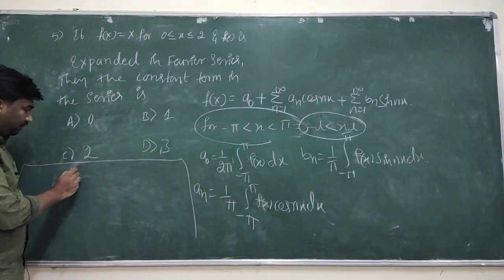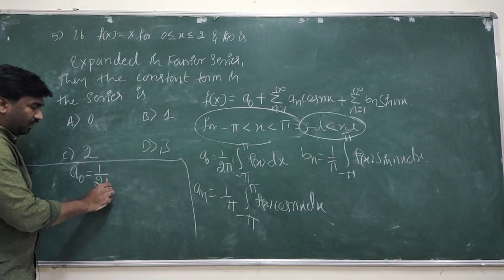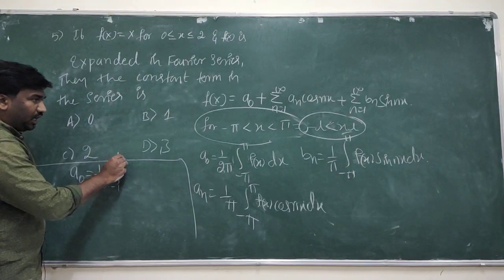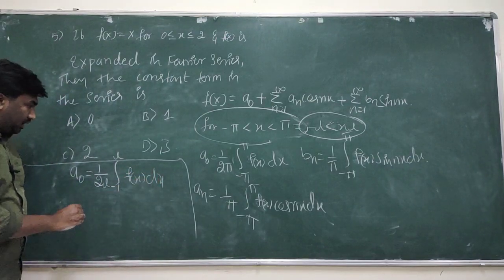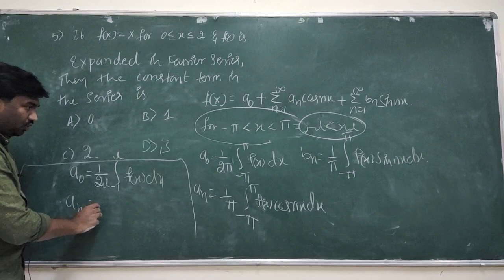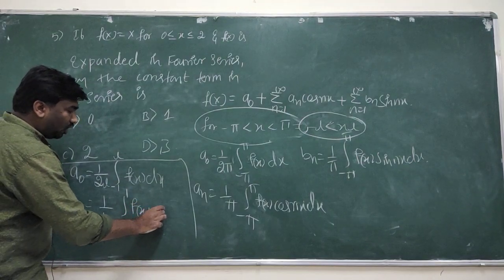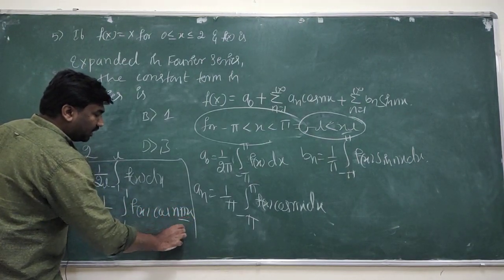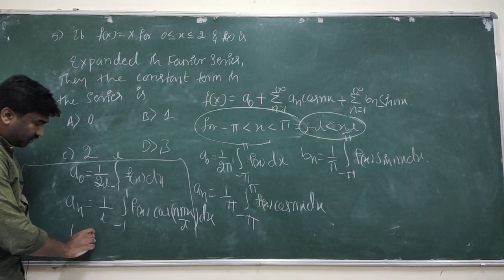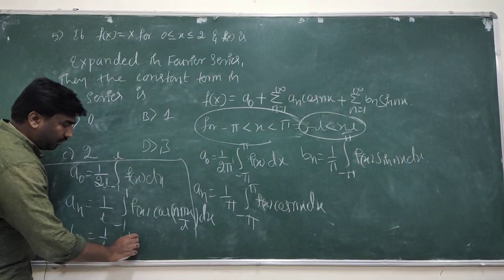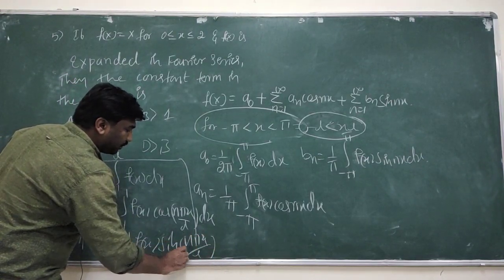So then a0 changes to 1 by 2L into integration minus L to L f of x dx, and an changes to 1 by L integration minus L to L f of x cos n pi x by L into dx, and bn changes to 1 by L into minus L to L f of x sin n pi x by L into dx.